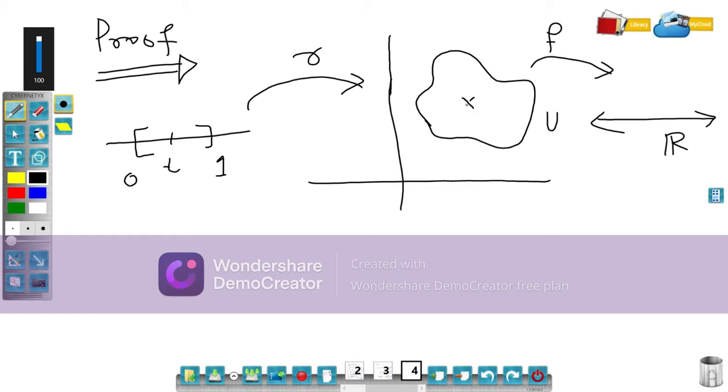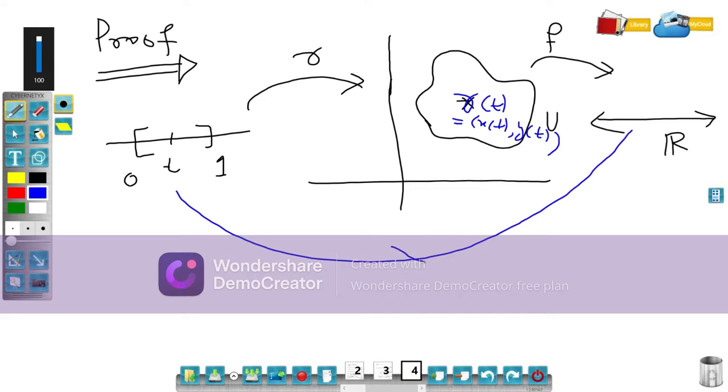So here it will be r of t, which will have two components, x of t comma y of t. Right. So of course from this t to this we can always have a direct mapping, and we'll call it g, defined as f composed with r. This means apply r first and then f. So any point t can be mapped directly.